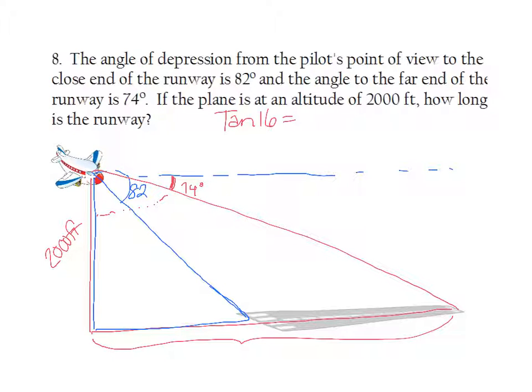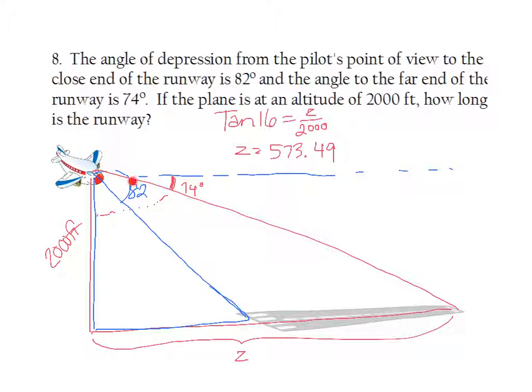I'm going to need a lot of letters here, so I'm going to use a z. Tangent of 16 is equal to z over 2,000. Take the tangent of 16 and multiply it by 2,000. Z is going to be 573.49 feet.